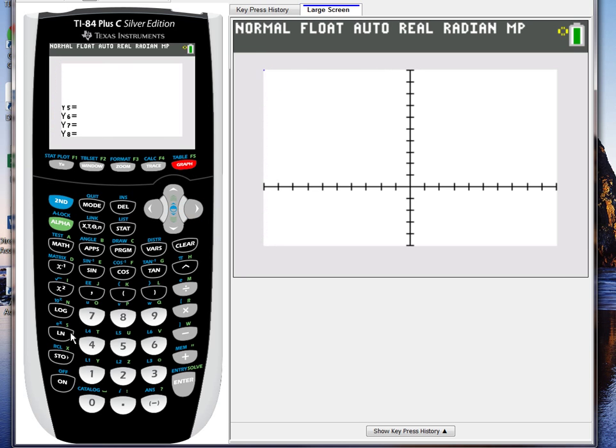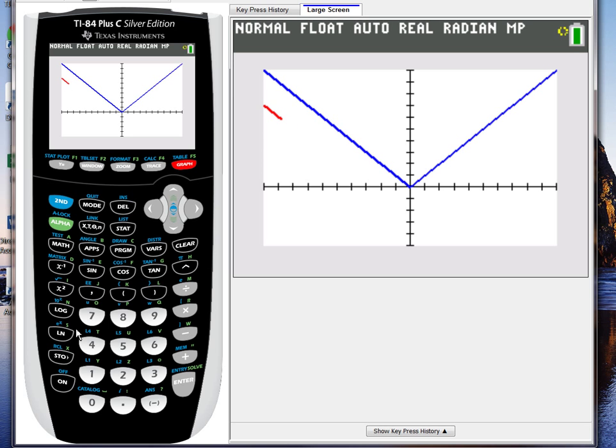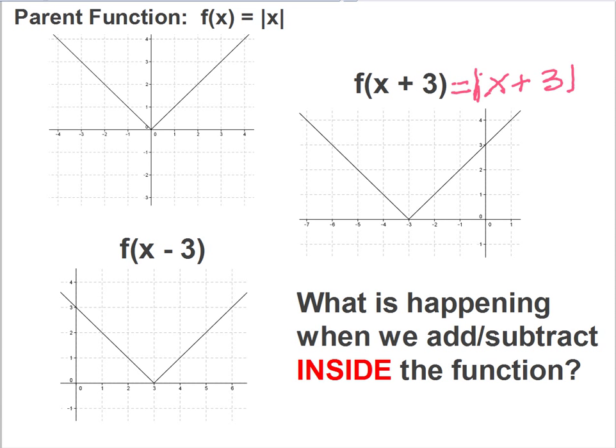Let's take a look at what happens. Here's our parent function, absolute value of x, and adding 3 inside the brackets moved it which direction? It moved it to the left 3 units. So this one moved us to the left 3 units. Is that the direction you expected it to go? No, not really. I'll explain why that happens in class next time we meet.